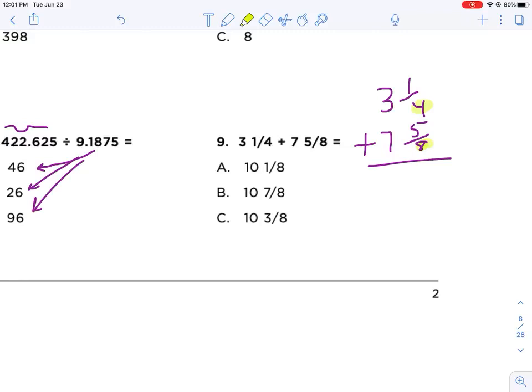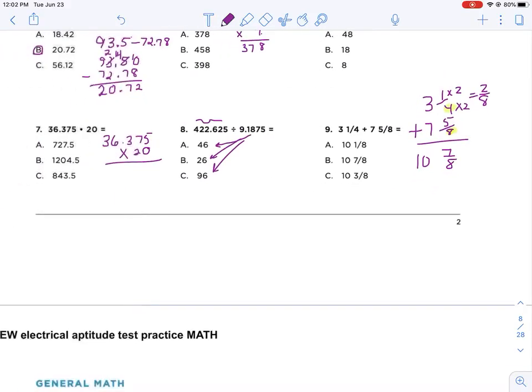You can change them to 32s. That does work. But if you realize the fact that 4 goes into 8 exactly 2 times, we can multiply this on top and bottom by 2. And this is going to be now 2 8s. And then we're able to add it together. So 3 plus 7 is 10. 2 8s plus 5 8s is 7 8s. Okay?